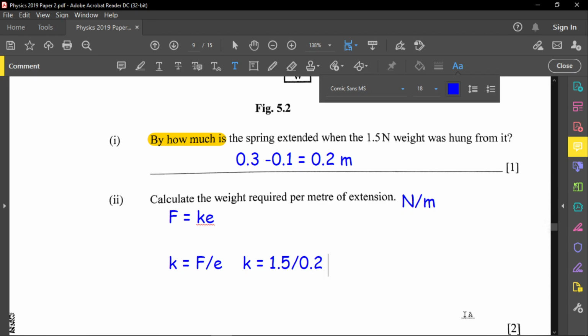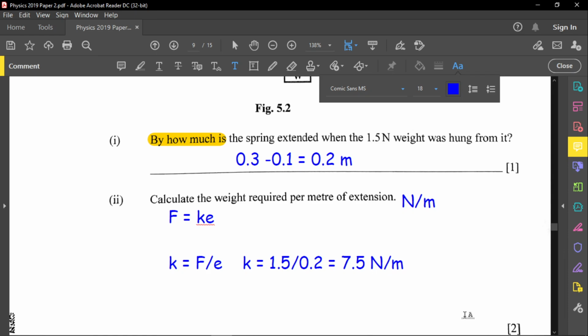So 1.5 divided by 0.2 will give us 7.5 Newton per meter. And that is our spring constant. So we just calculated our spring constant.